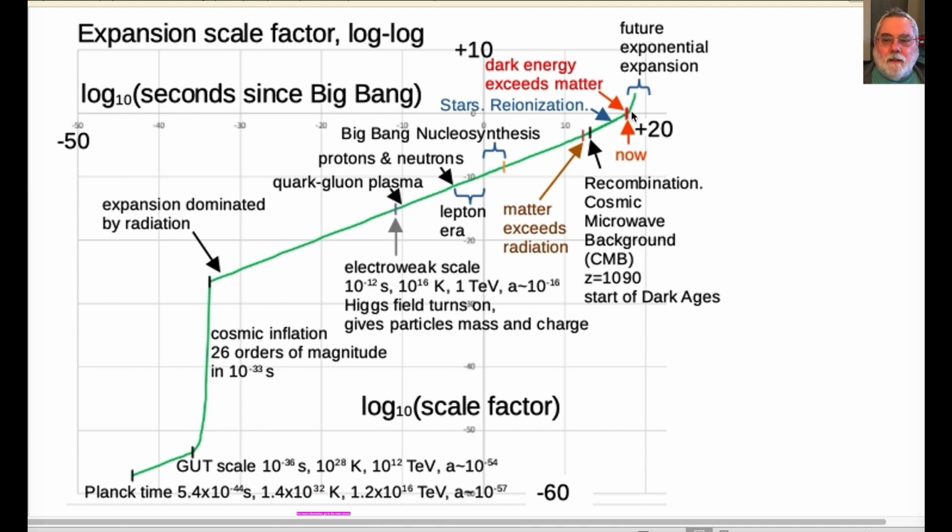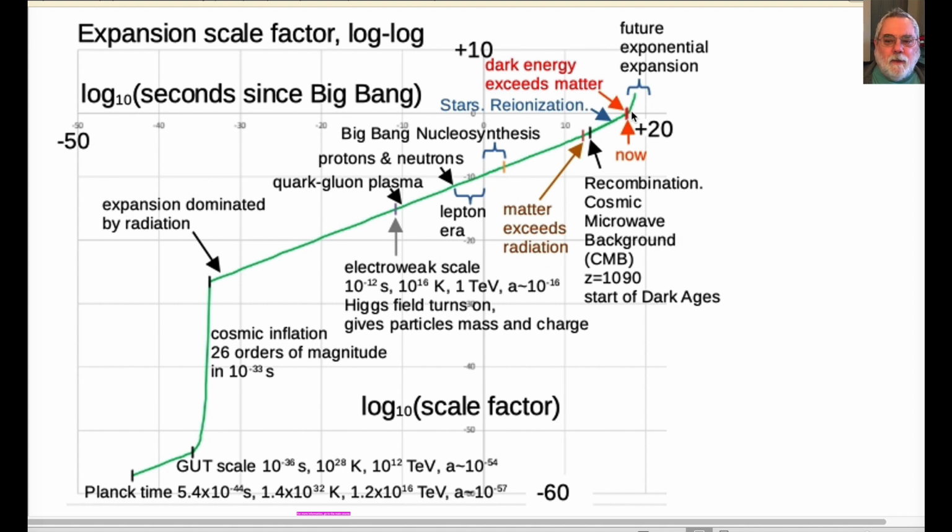Expansion has accelerated and is expected to become exponential in the future, increasing by a factor of 10 every 40 billion years if dark energy density is constant, independent of time and scale factor. Cosmologists refer to this case as W equals -1. Presently, it looks like our universe will continue to expand forever.